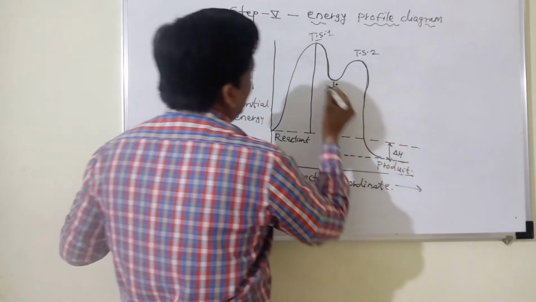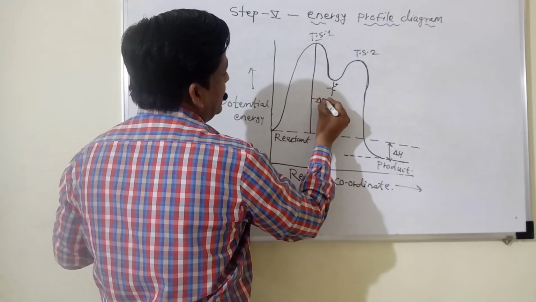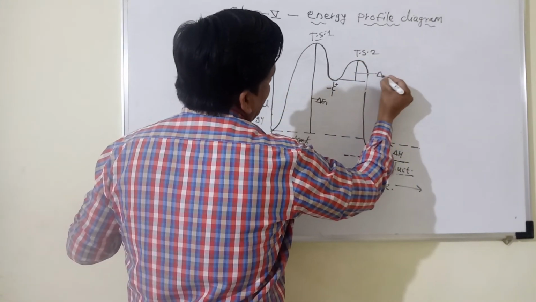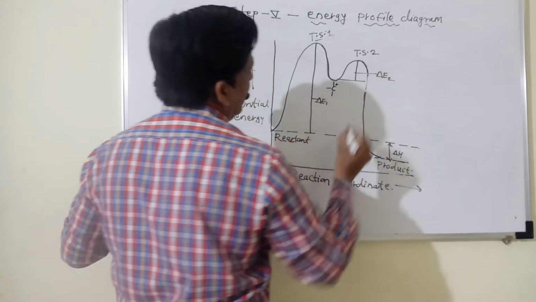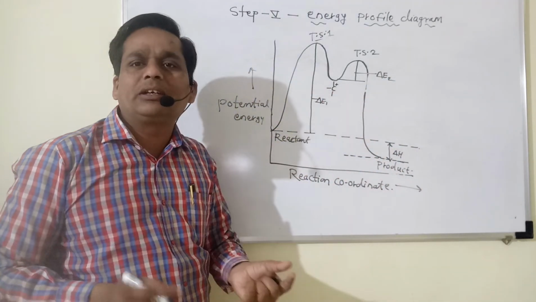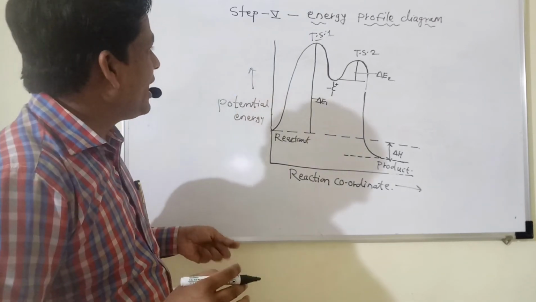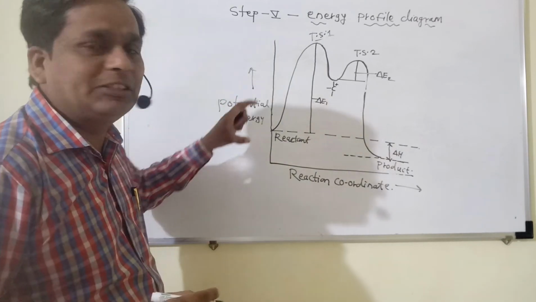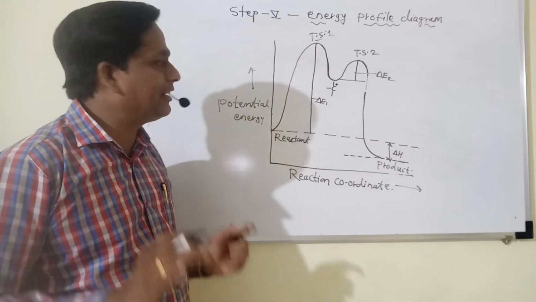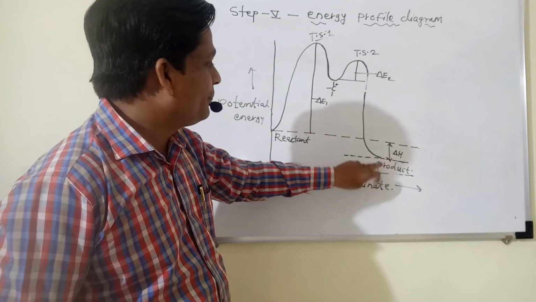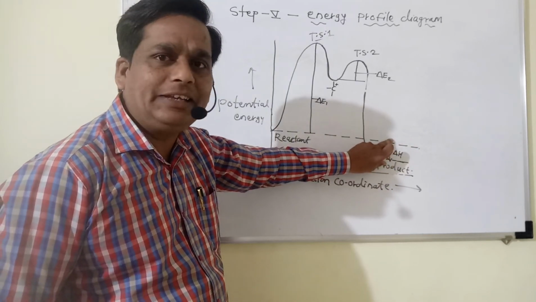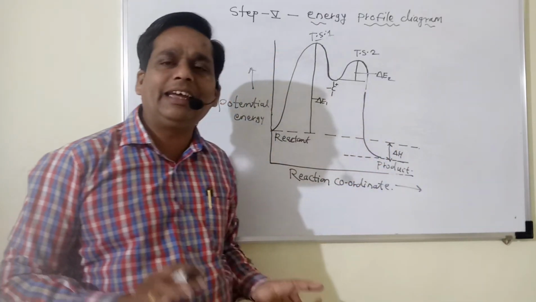Delta H, and the highest peak is the delta E1, and this one is called delta E2. What is meant by delta E1 and delta E2? E1 and E2 are the activation energies. The highest peak from the reactant to the transition state is the activation energy, and the distance from the product to the reactant is delta H, the change in enthalpy.